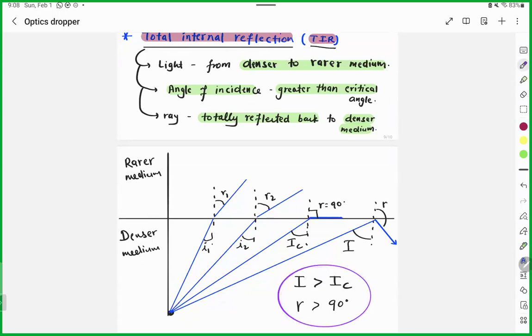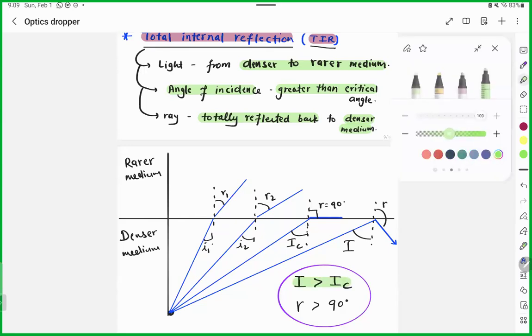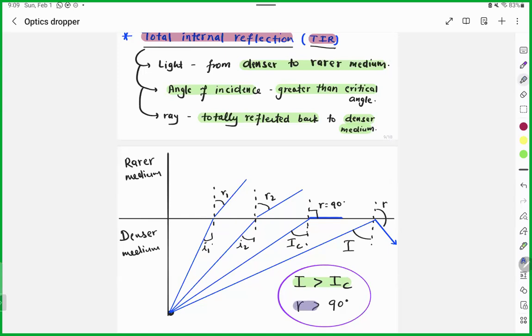Got it, guys? Angle of incidence is greater than critical angle, and angle of refraction, not reflection, is greater than 90. Because you always read the first point, angle of incidence is greater than the critical angle, but you might miss the second point: your angle of refraction is greater than 90 degrees.